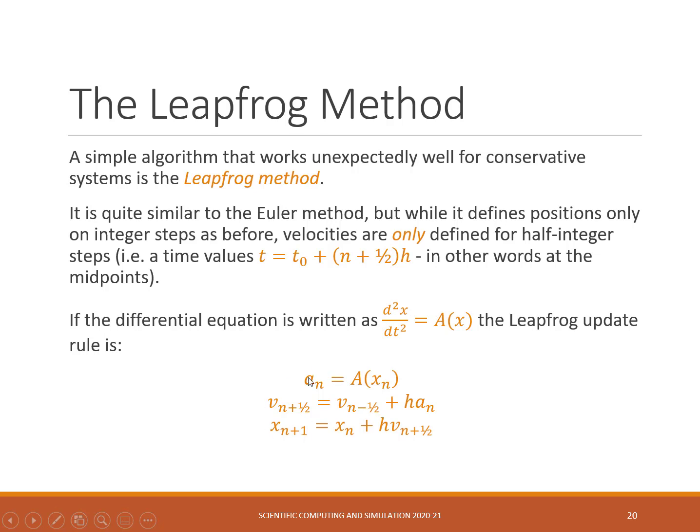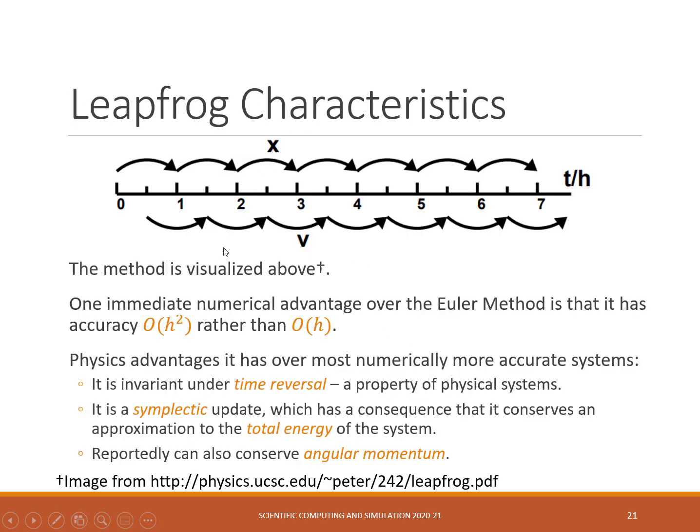In these rules, x does computations with integer values, while v evaluates velocities on half integer steps. This slide visually illustrates how the leapfrog algorithm works. It is noteworthy that the error term in this algorithm is of order O(h²).